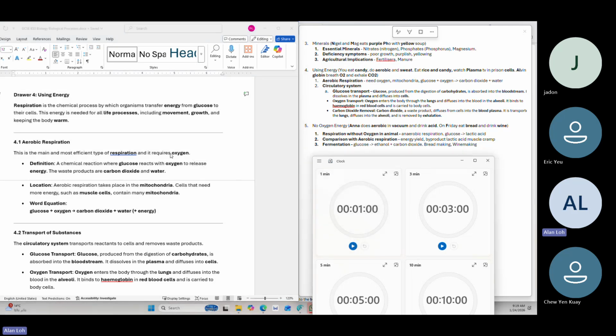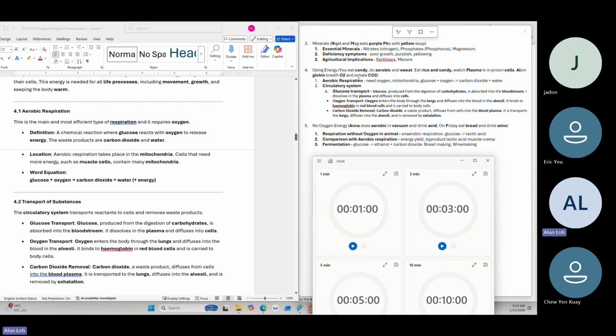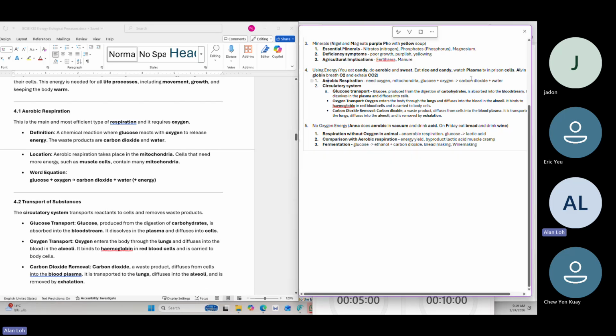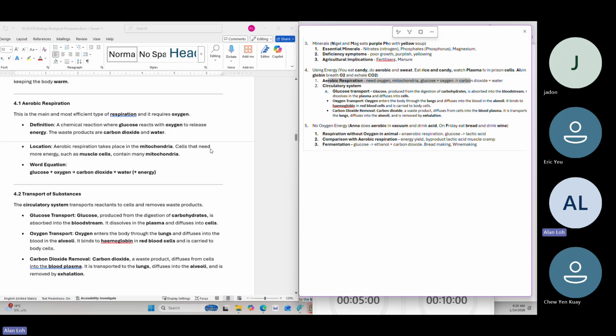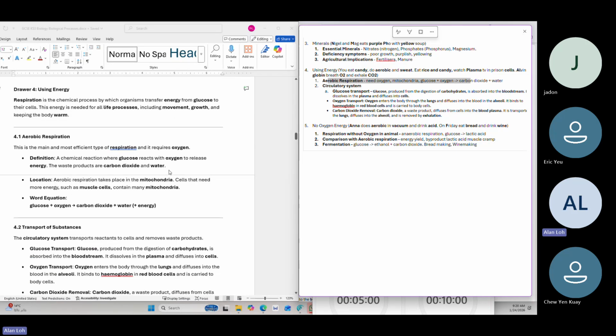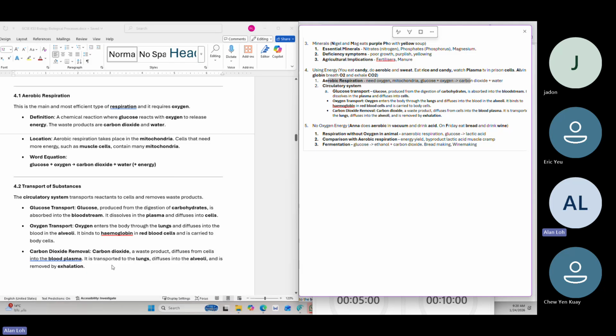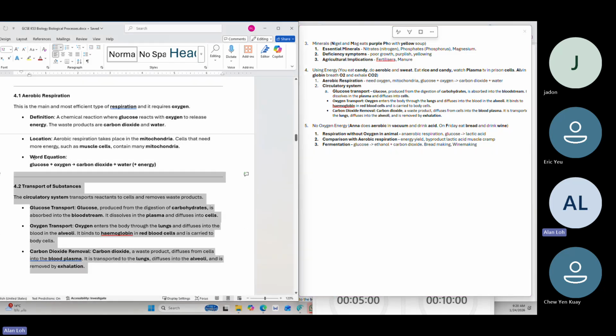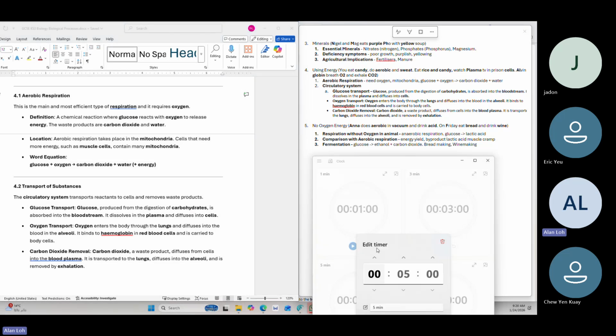Right? This is talking about the aerobic respirations. And it's this part. And where is it? Oh, it's only 4.2 and 4.1. So let's do 4.2. And in case you want to read again, 4.1 is here. Let's start now.